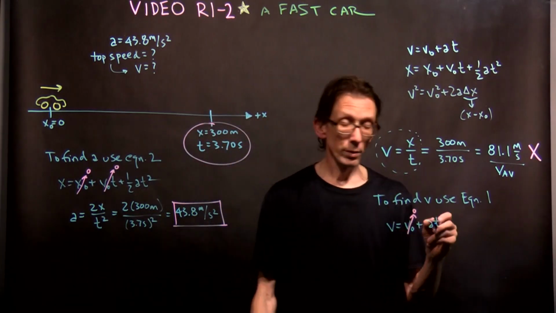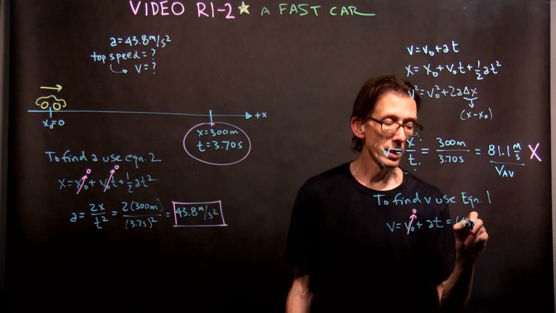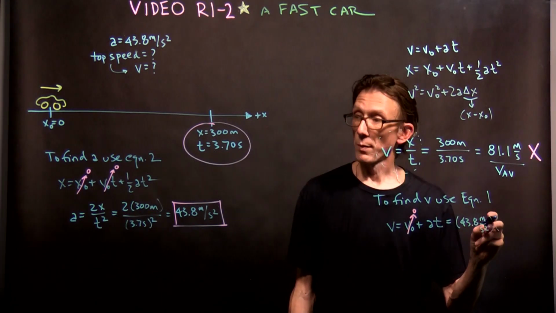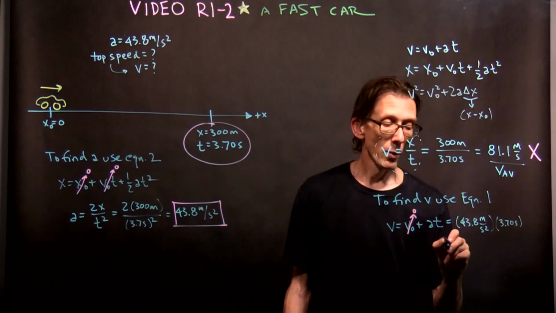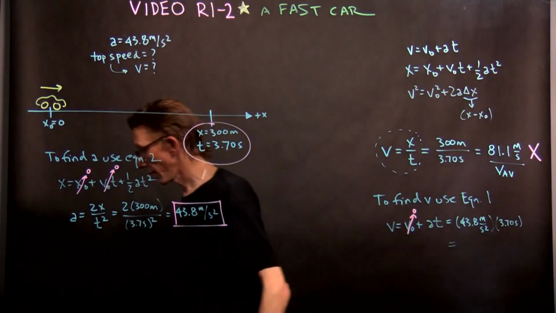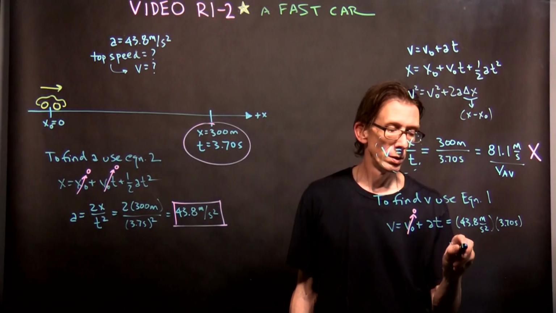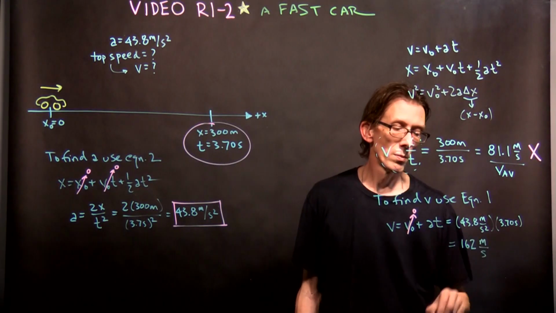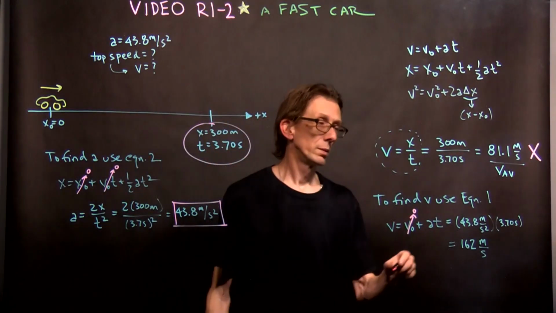A we just found, so it's 43.8 meters per second squared times the time, which is 3.70 seconds. And what you get as the final velocity is 162 meters per second. And that is the right number.